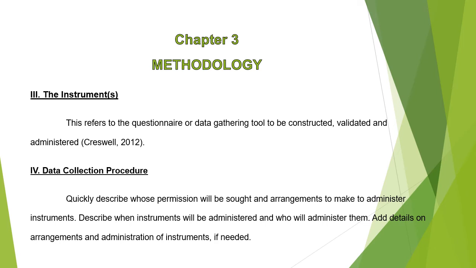Instrument refers to the questionnaire or data gathering tool to be constructed, validated, and administered. In our case, I will allow you to use validated instruments or questionnaires that you can search on the internet, as long as you cite or acknowledge that those instruments or questionnaires are coming from somebody, the author itself.